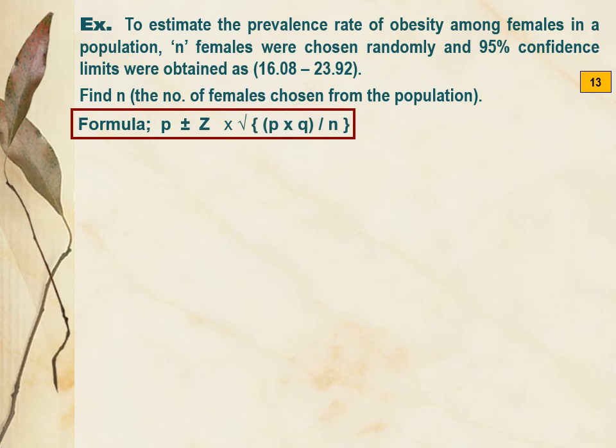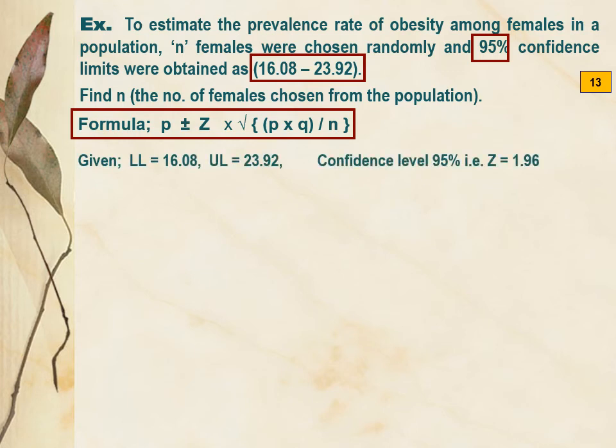The sample P you will get by taking the average. You are given the lower and upper limits, and 95% confidence is given to you, and therefore your P will be 20. That is, the sample prevalence rate is 20. Now P is known to you, Z you have, you want to calculate n. P will give you the value of Q. Substitute in the formula.